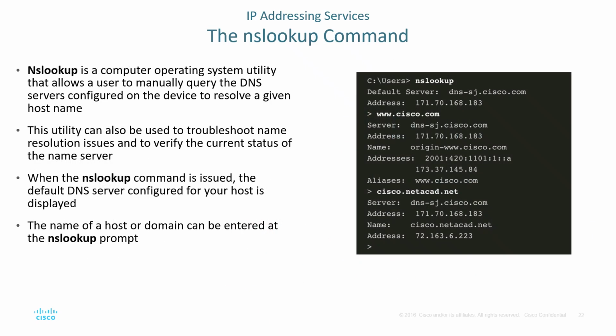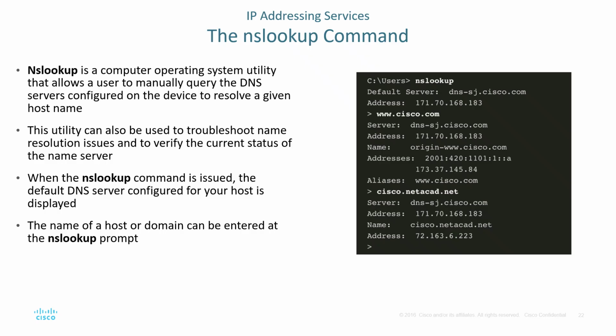Now, if I want to look up information having to do with DNS, the command to use in the Windows operating system is nslookup. This is going to allow a user to manually query the DNS server configured on a device to resolve a given host name. So I think you also did a lab like this way back when, where you tried to either ping or web browse two different server locations.